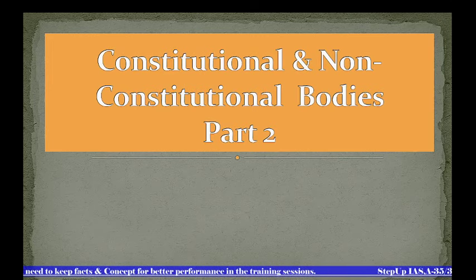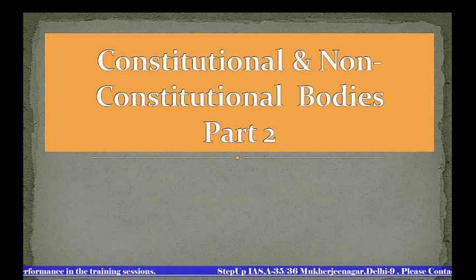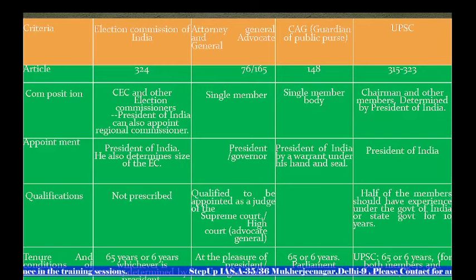As we have discussed in part one the basics of the constitutional bodies, let's go to the chart where we ended. This chart is going to show you the composition, appointment, and qualifications of different bodies which are constitutional in nature.